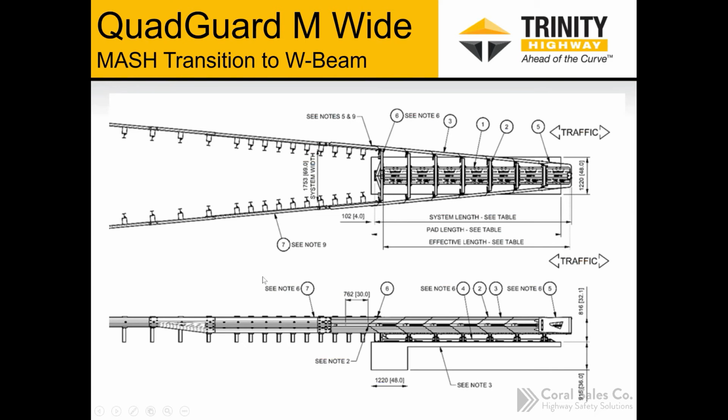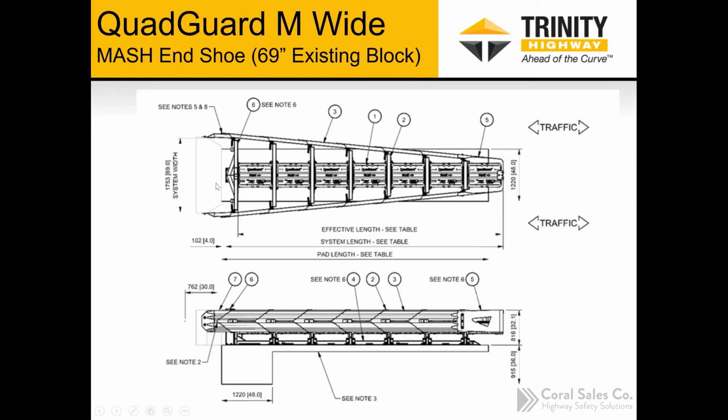And again, here we're just showing an end shoe. We depict what I call a 69-inch existing block. So there's a lot of crash cushions out there that were poured with the concrete block like this as the backup. Both systems might have a block like that.